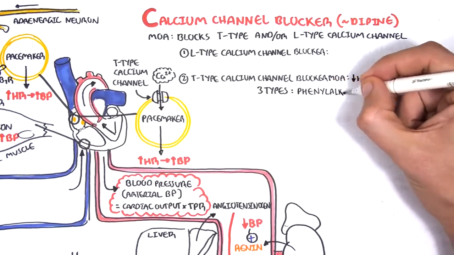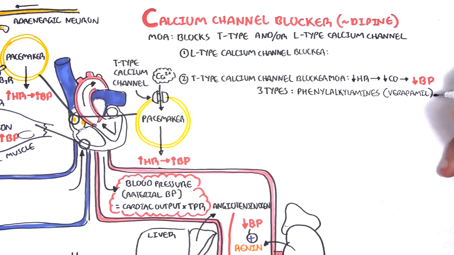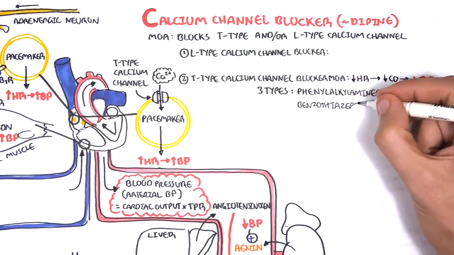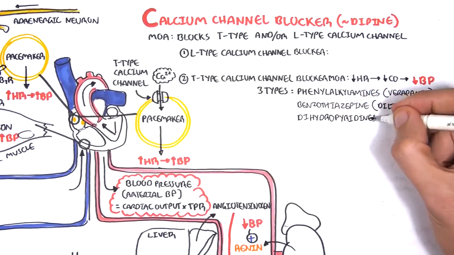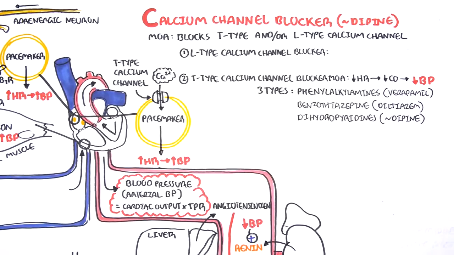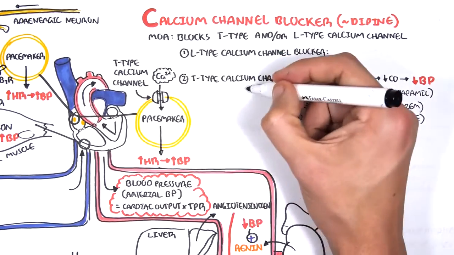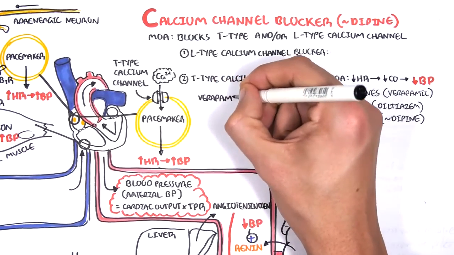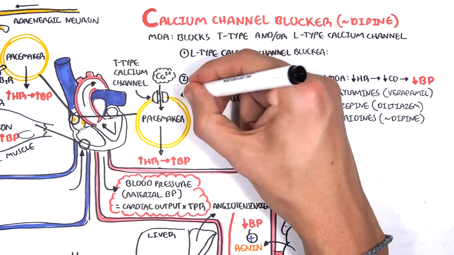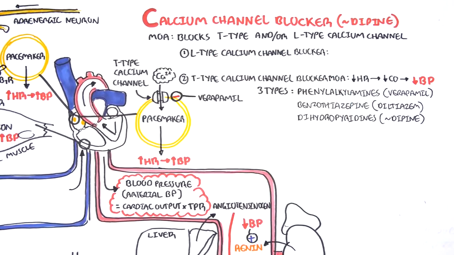These are the phenylalkylamines, such as verapamil, the benzothiazepines, such as diltiazem, and the dihydropyridines, such as the ones that end in dapine. So they are all different, but to put it simply, they just work differently, and they also work on L-type calcium channels. But anyway, here is verapamil, a common calcium channel blocker, which will block the T-type calcium channels of the pacemaker cells.